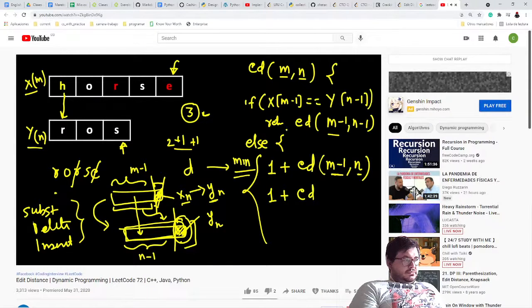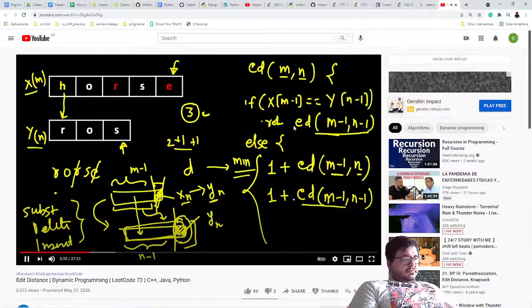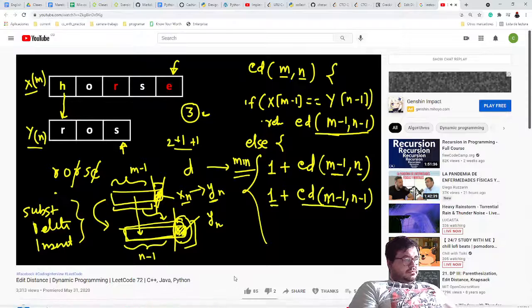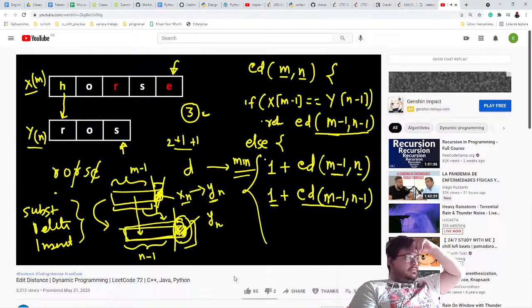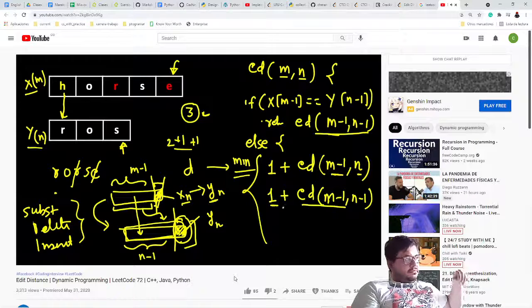But the difference between this and this case, here also we are finding m-1 and n-1 recursively, but here 1 is added because we needed to substitute this to yn to make them equal, and here we already had that equal. So that's why here 1 extra operation.